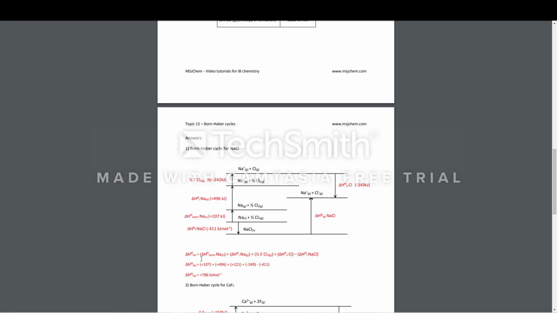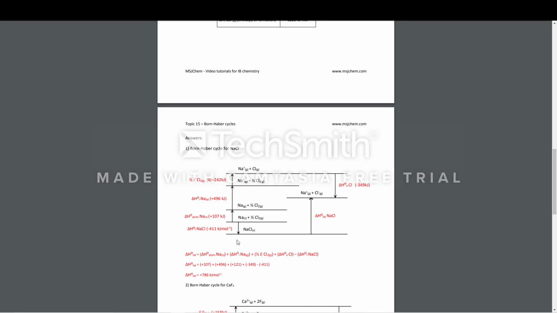You can see from here it's going from this step to here, but I personally think it will be easier just to reverse it here. So what I usually do is reverse this one, which will become 411. If you have a calculator, you can do it with me here, or a phone or something.